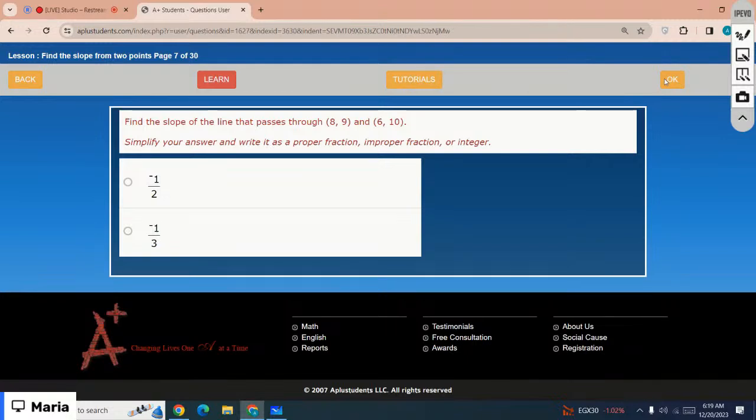Find the slope of the line that passes through 8, 9 and 6, 10. Which is the correct option?